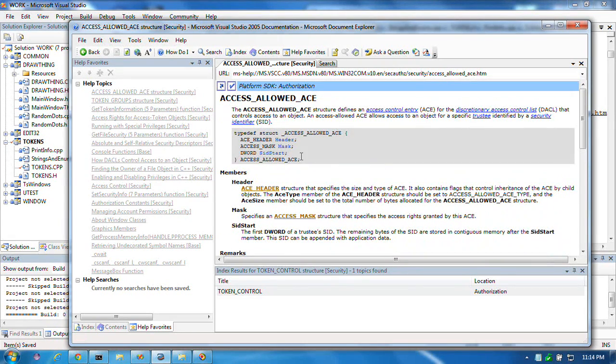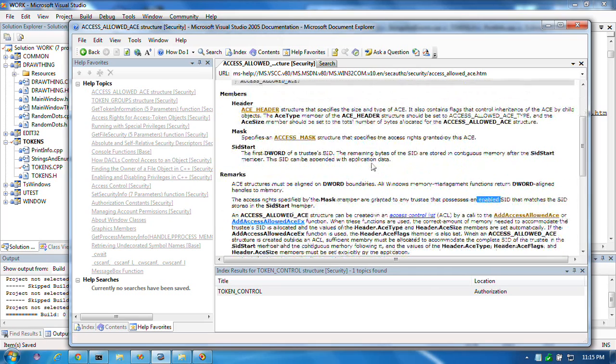Now, remember I told you that this SID, the security identifier DWORD part of the ACE header, for this particular type anyway, is matched against the person requesting access against their security identifier.